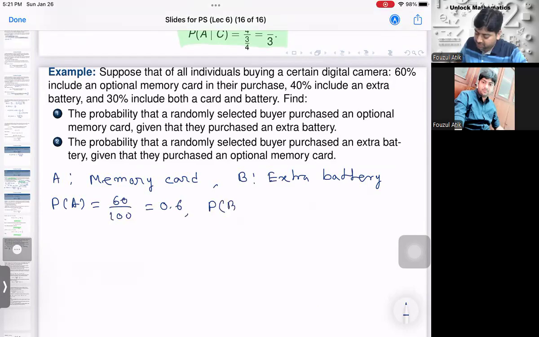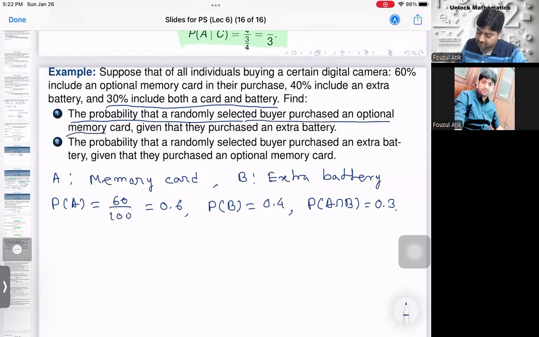Similarly, P of B is equal to what? 40% include that, so 0.4. And it is also given that 30% include both a card and a battery. So P of A intersection B is equal to 0.3. Now what is the question? Find the probability that a randomly selected buyer purchased an optional memory card given that they purchased an extra battery.